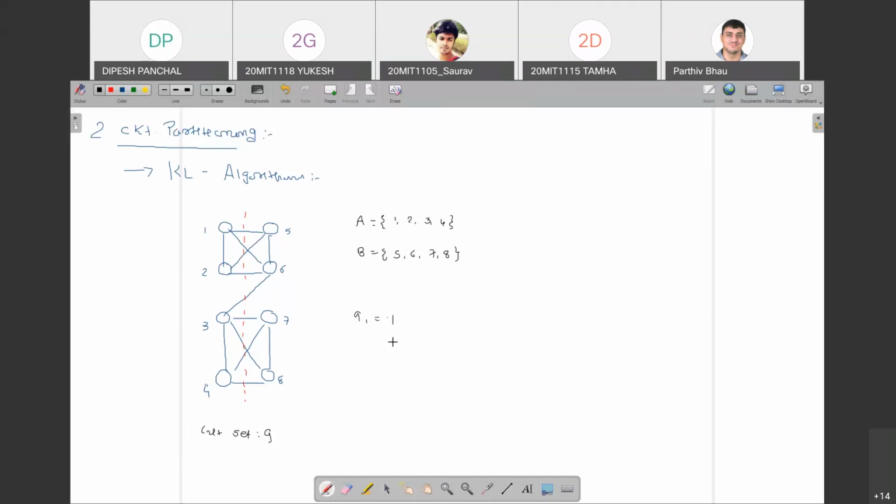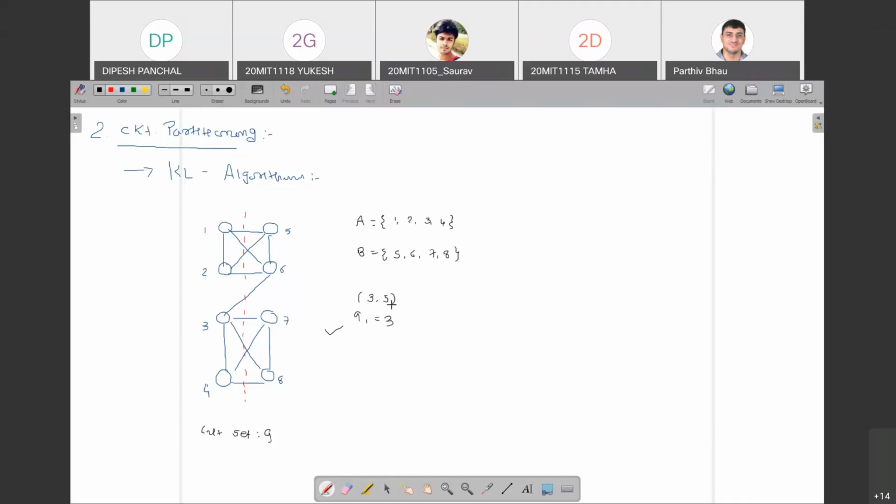Anyone else? The maximum gain value is 3. Correct, 3 is correct, and for that our choice is 3 and 5. There are two equal gains, 3 available two times, so let's select 3 comma 5 for the interchange.